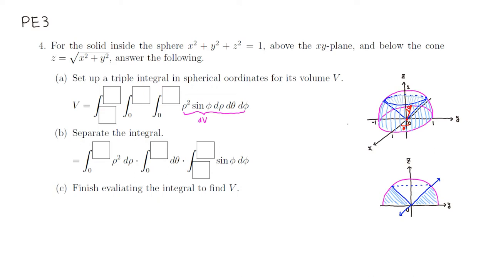You see that it starts from the origin, so rho equals 0.